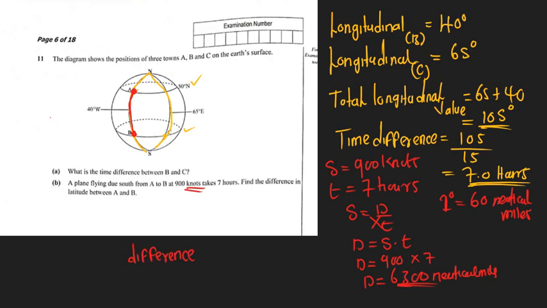So just follow the steps. Difference in latitude is going to equal 6300 over 60. What are we getting?